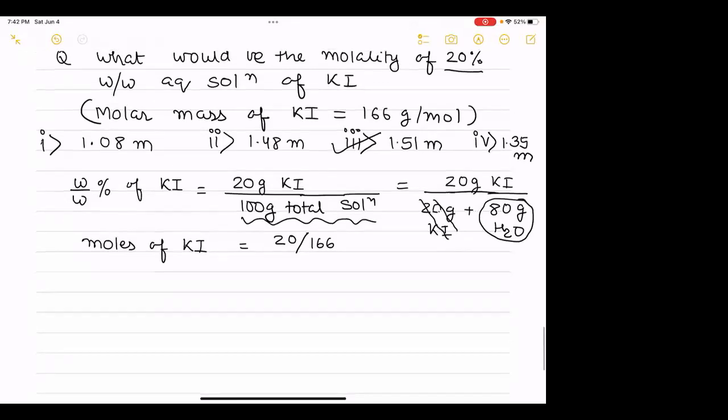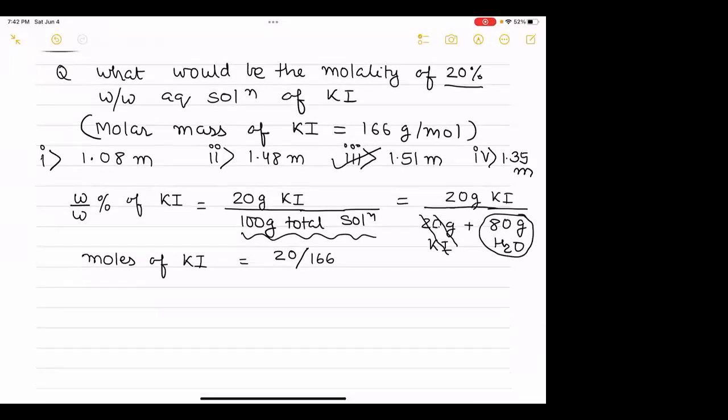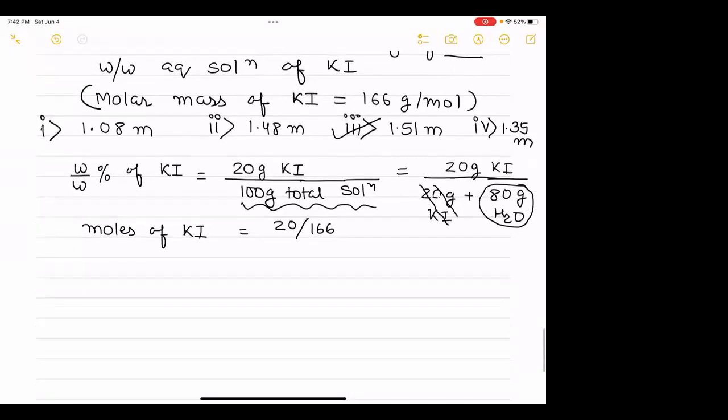So in order to get to the molality, actually 20 gram KI is added to 100 gram of water, and that will make the total mass 100, and that will also give us the mass percentage of KI as 20%. So it will be how much? 20 by 166 divided by 80 gram of water. 80 gram, we need to divide it by 1000 to make it kg.